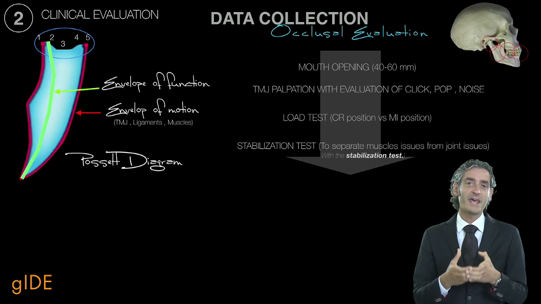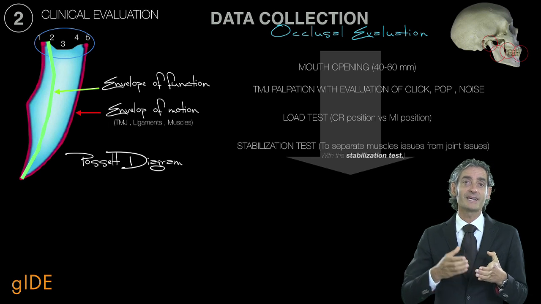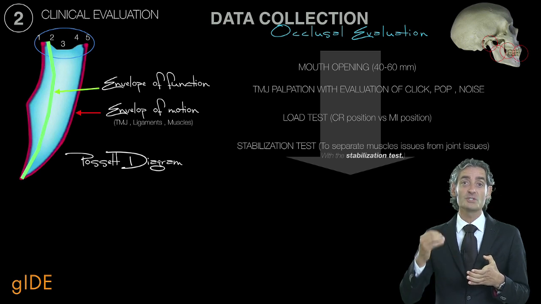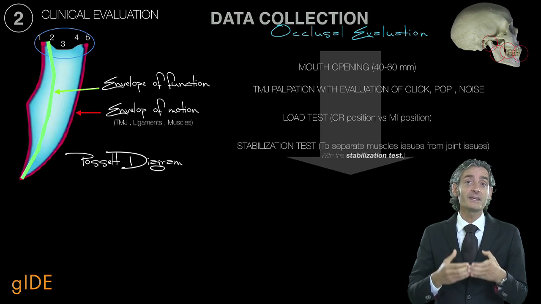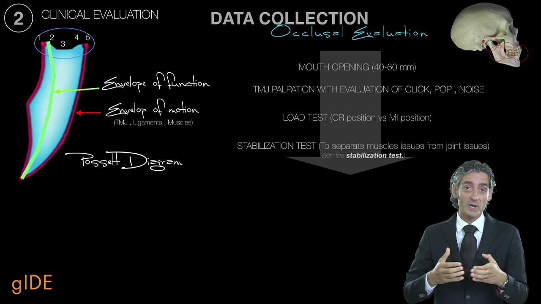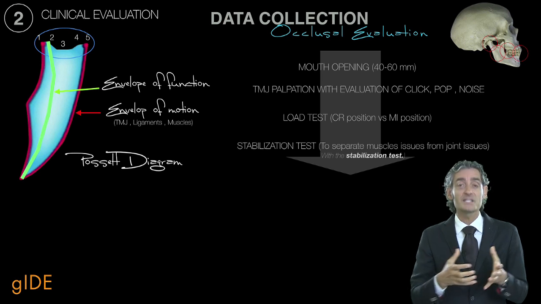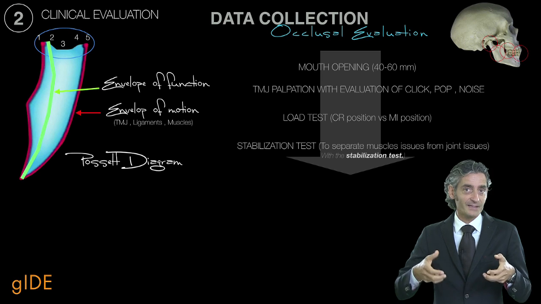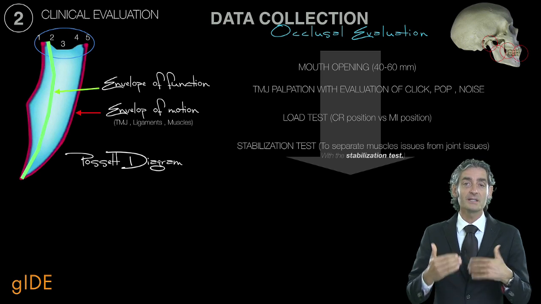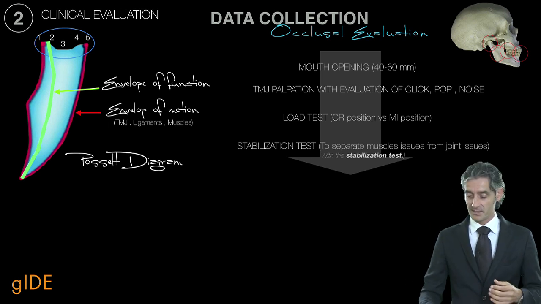If the patient doesn't have any pain, it means that it's a problem related to the joint. If the patient, keeping the mandible fixed, has pain or increased pain, it means that it's a muscle problem. Related to the muscle, during this contraction to move, with your hand that fixes the mandible, it can increase this pain.